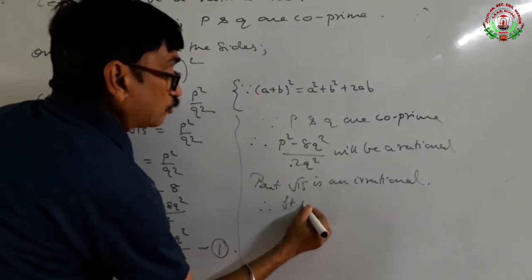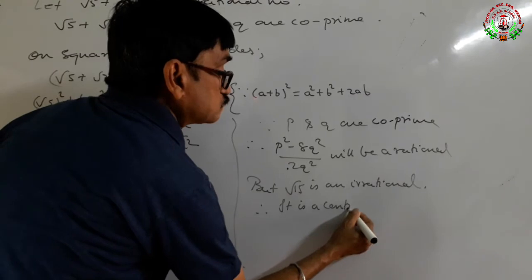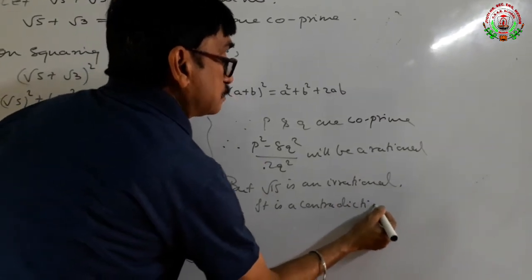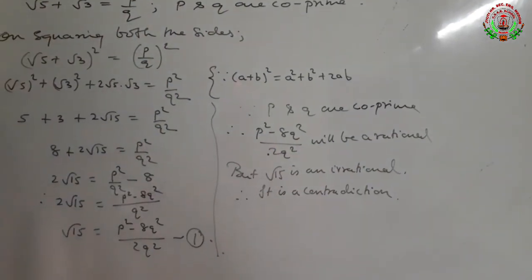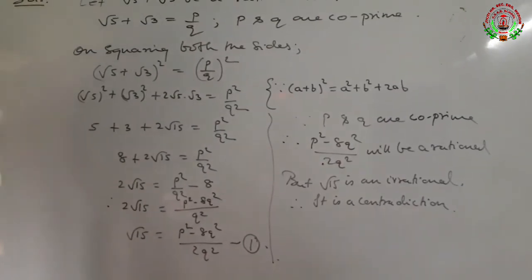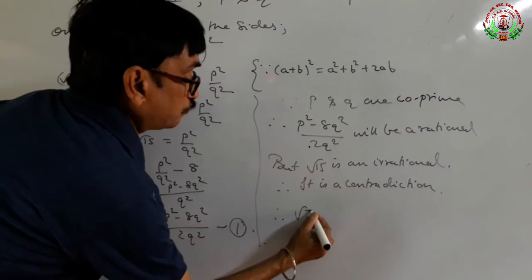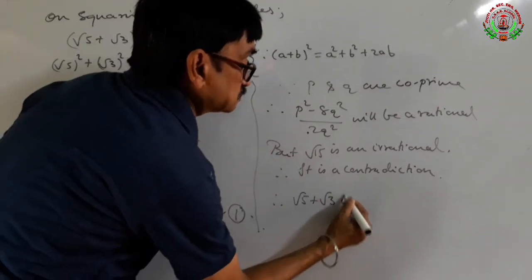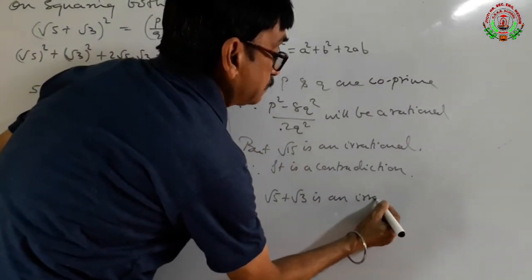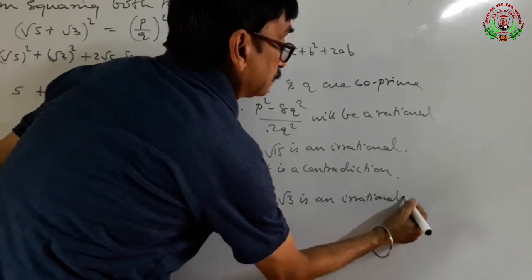Therefore, it is a contradiction. Therefore, our assumption is wrong that root 5 plus root 3 is a rational number. Therefore, root 5 plus root 3 is an irrational number.